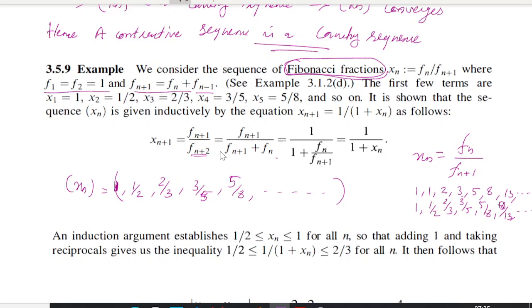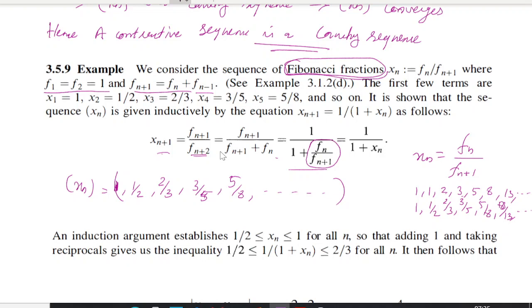And here fn plus 1 plus fn all divided by fn plus 1, that is 1 plus fn by fn plus 1. So it will reduce like this. Now this term is our nth term, so it will reduce as xn plus 1 equal to 1 by 1 plus xn. So the general term is going to be xn plus 1 equal to 1 by 1 plus xn.